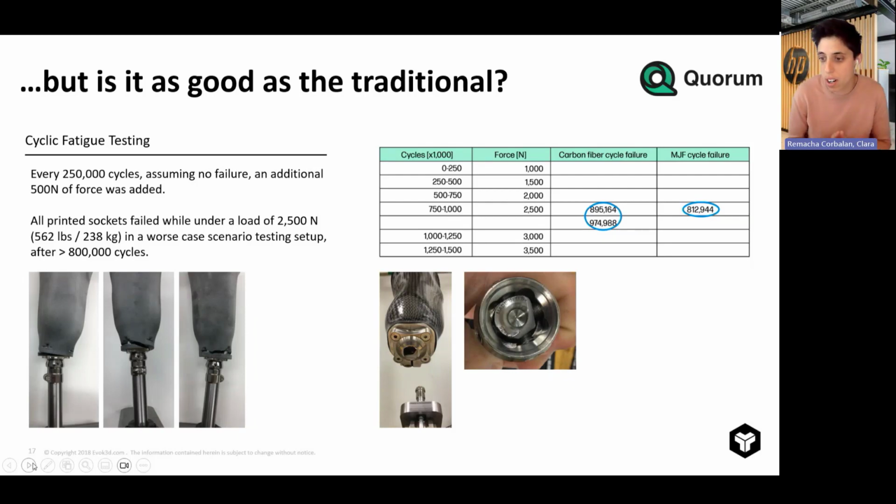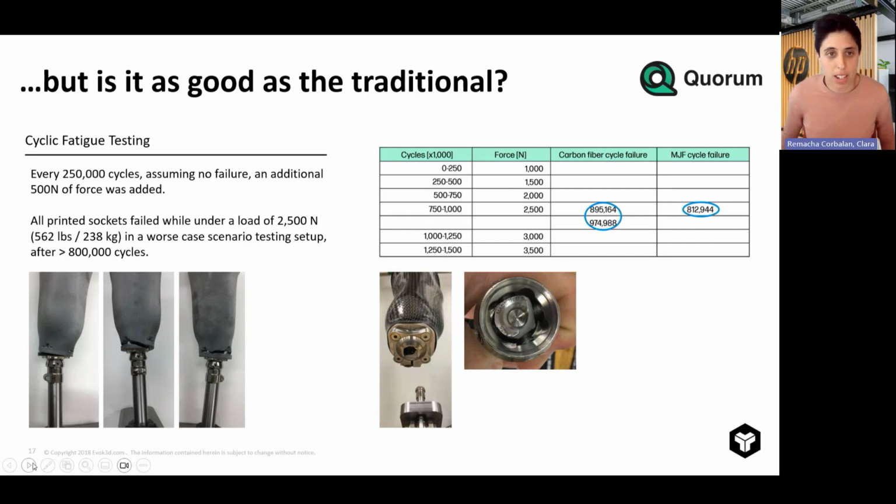Both the traditional and the MJF socket failed at the step of 2,500 newtons of force after more than 800,000 cycles. So again, what's the conclusion? The conclusion is that when you put it dynamically in fatigue testing, both sockets actually failed in the same step. So it can be a comparable performance in terms of safety.